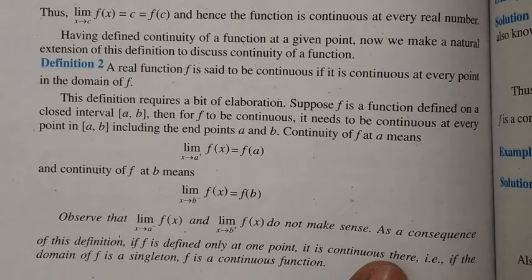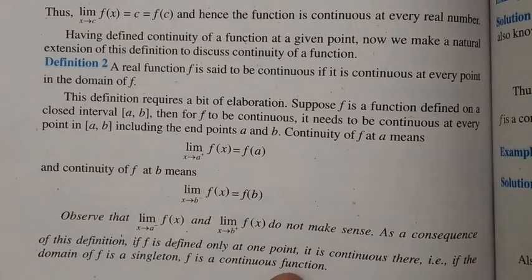If f is continuous, then it is continuous in the whole interval. Continuity of f at A means limit x tends to A plus f of x equals f of A, and continuity of f at B means limit x tends to B minus f of x equals f of B.